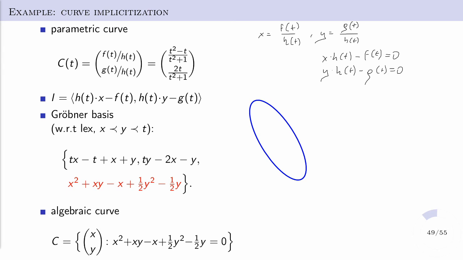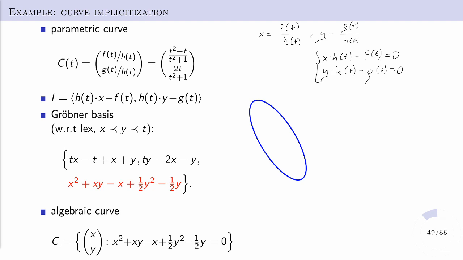This is already a system of polynomial equations. From these two polynomials in three variables, x, y, and t, we want to get a single polynomial without t. We need to eliminate t. We want a polynomial in x and y alone.